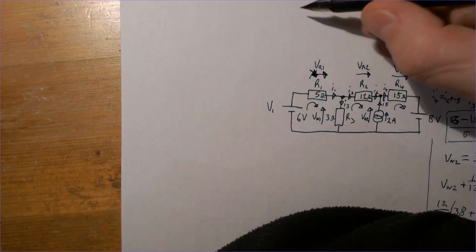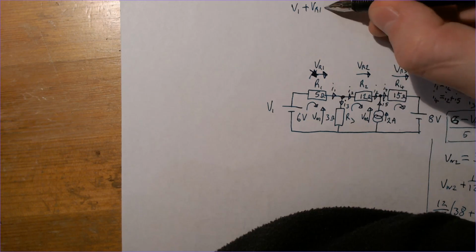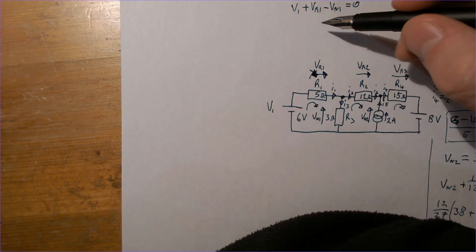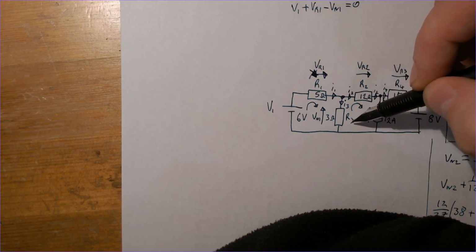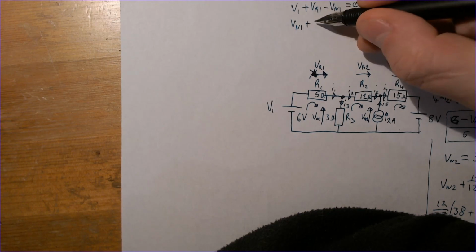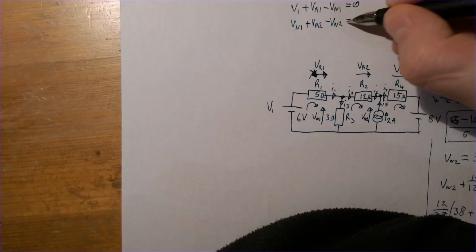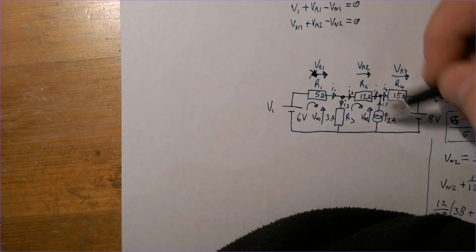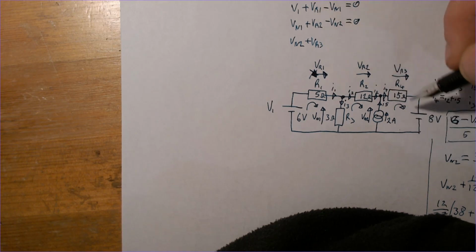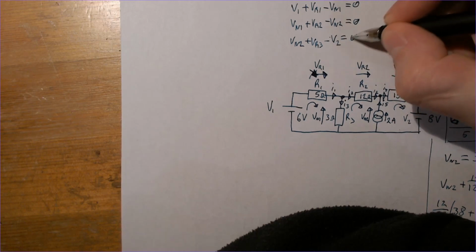So sum these voltages. V1 plus VR1 minus Vn1 equals 0, and Vn1 plus VR2 minus Vn2 equals 0, and Vn2 plus VR3 minus V2 equals 0.